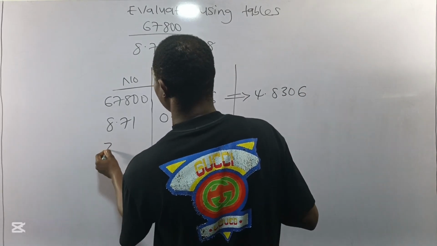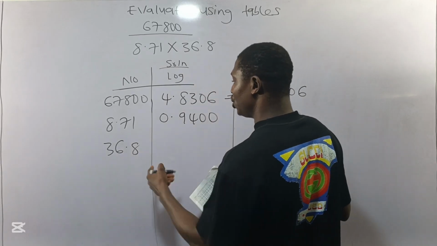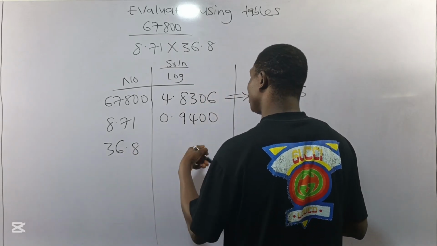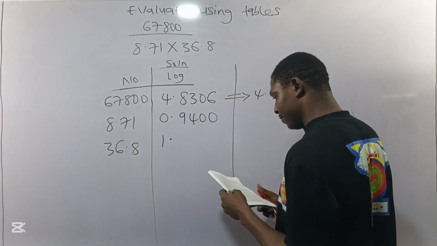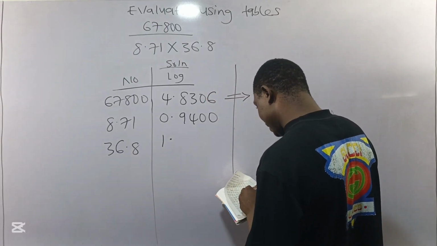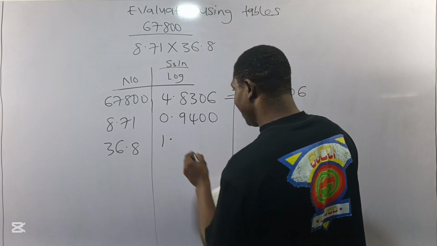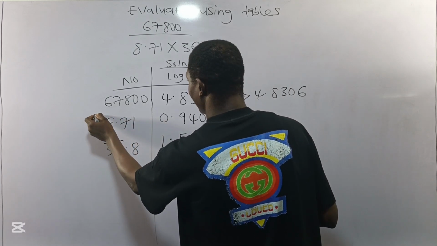And I also have 36.8. 36, 2 digits before the decimal. So I have 2 digits minus 1 digit to give me what? 1. 36 under 8 gives me 5658. This is the numerator, remember.